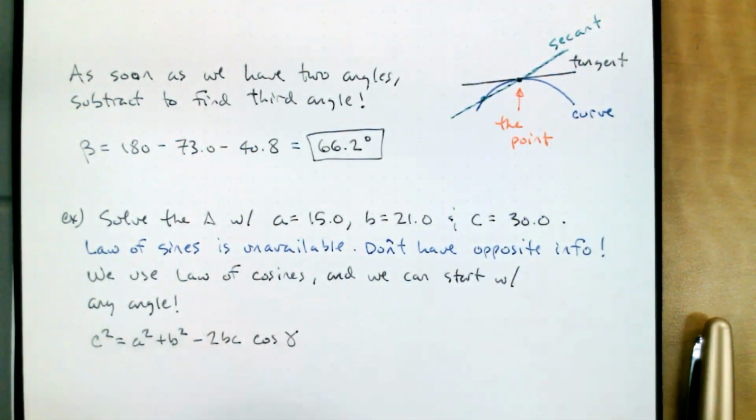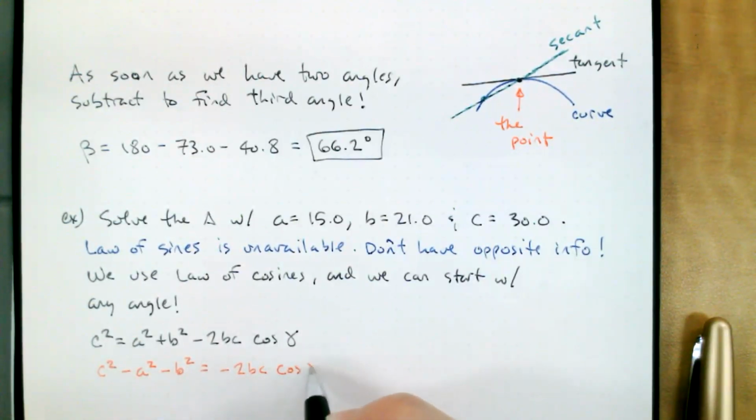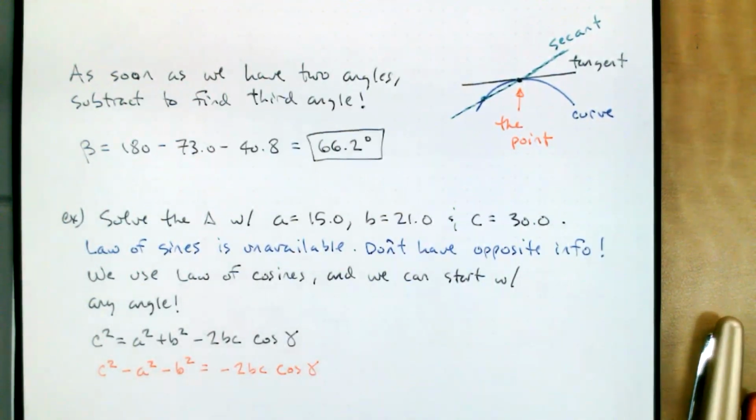So c squared minus a squared minus b squared is equal to minus 2ab times the cosine of gamma. If we think of the order of operations that have happened to gamma, first gamma gets put into the cosine, then we multiply the result by negative 2ab.